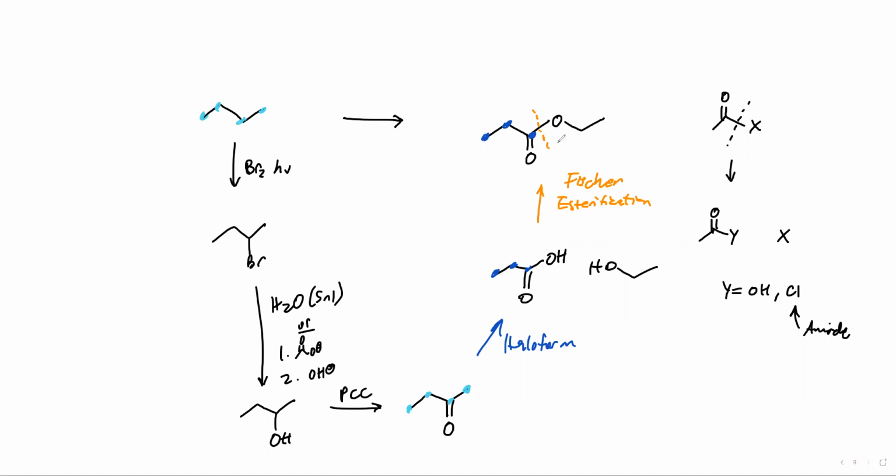That's just going to be Fischer esterification. So that's a forward approach. But again, it does require a little bit of retro because you have to think, okay, 4 carbons to 3, that must mean that at some point this reaction happened in the past, right? So work your way up towards the methyl ketone and then do the haloform and do the Fischer esterification.